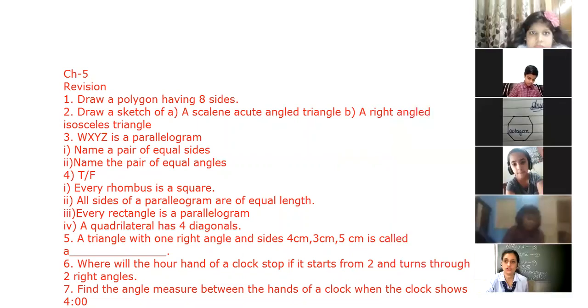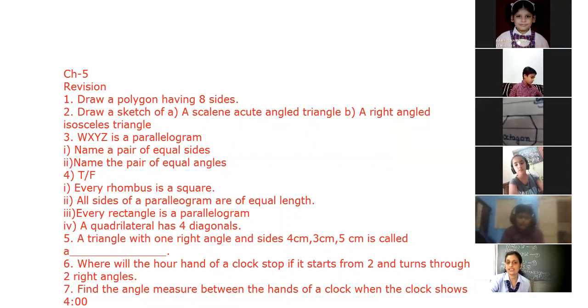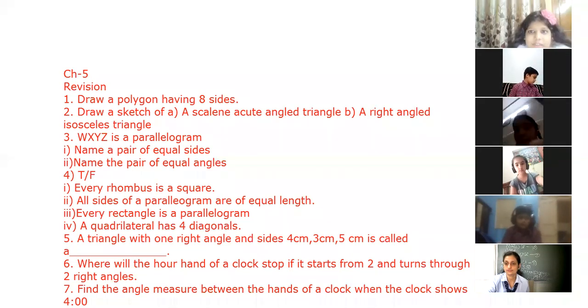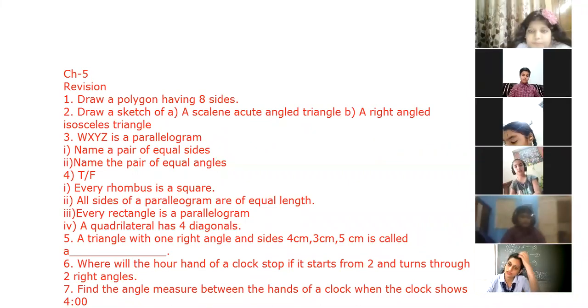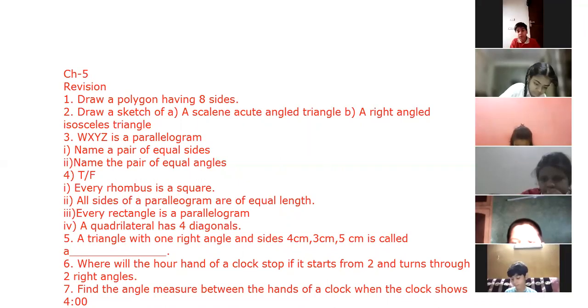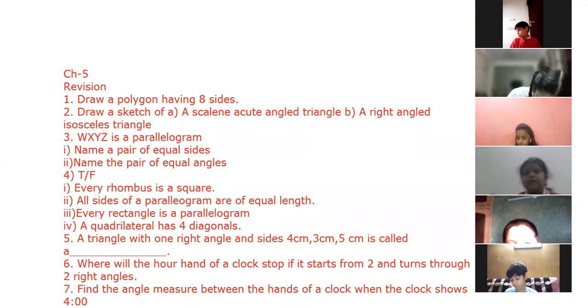Show me who has drawn. Show me your notebooks. It should be a scalene triangle as well as an acute angle triangle. You can show your notebook here, by raising your hands. It should be an acute angle triangle as well as scalene.